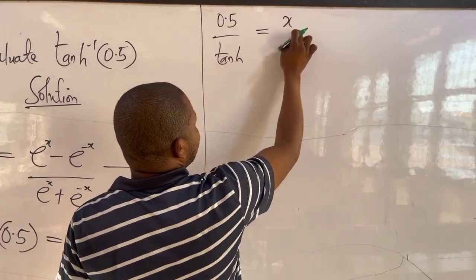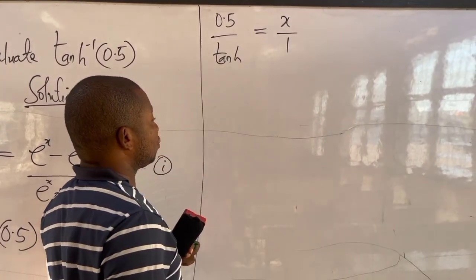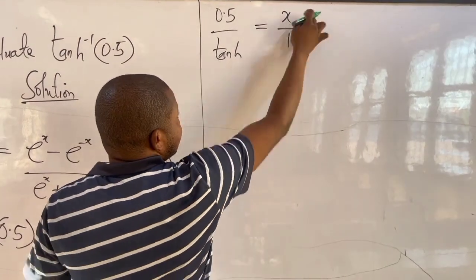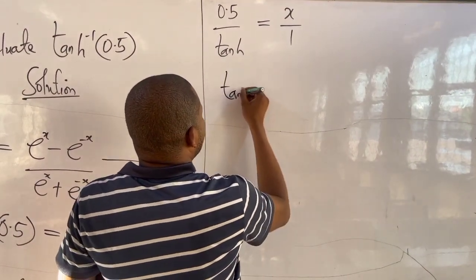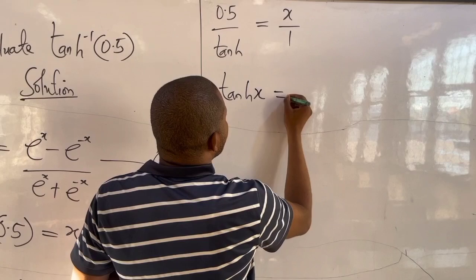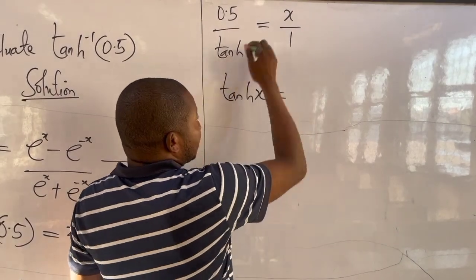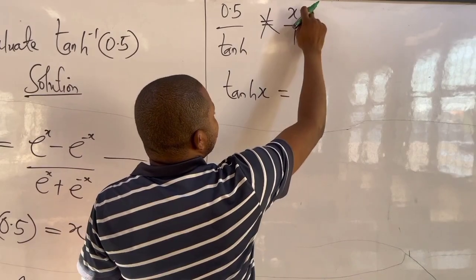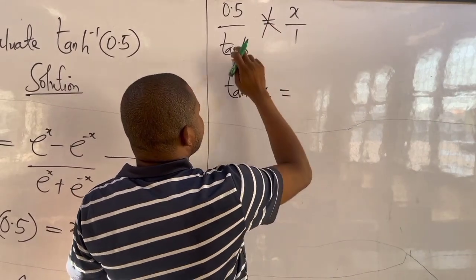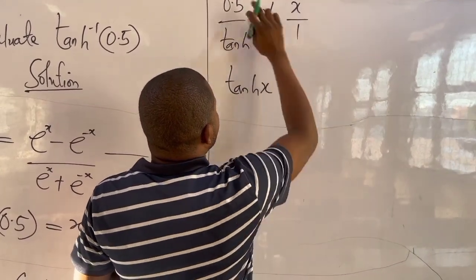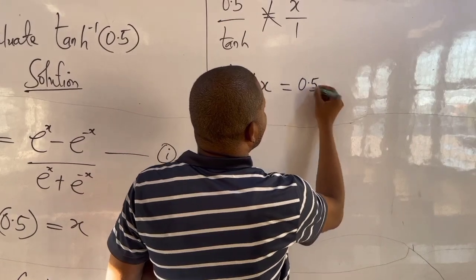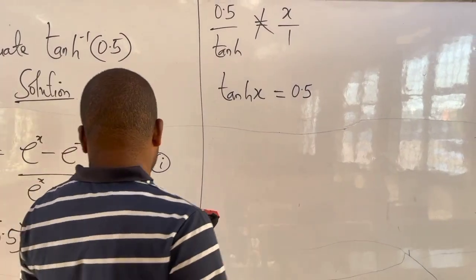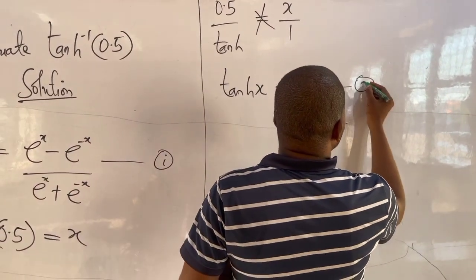This is a fraction, this is a whole number, make it look like a fraction. So if I multiply this out, I do cross multiplication, meaning this times this is equal to this times this. So this times x will give me this. 1 times 0.5 will give me 0.5, and I can call this equation 2.